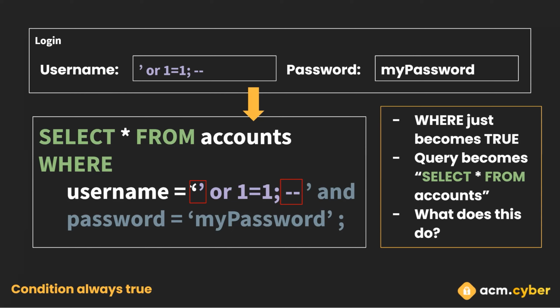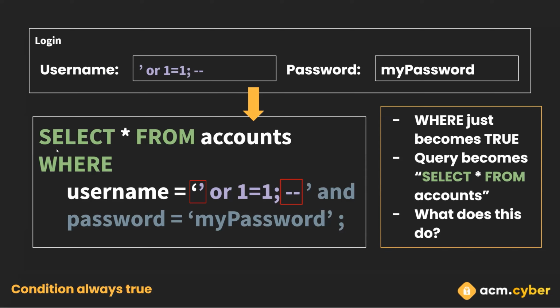So the SQL interpreter says, oh, they're ending the statement here. So their username is an empty string or an empty character. But then the statement continues and it says or 1 equals 1, and 1 equals 1 is true. What this looks like to the backend is just select star from accounts where true.